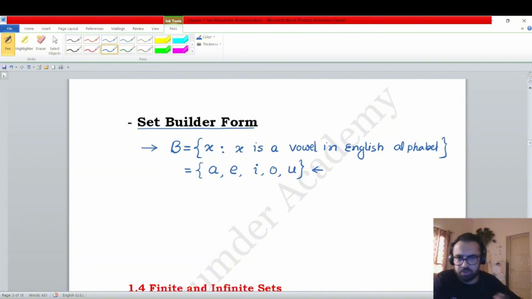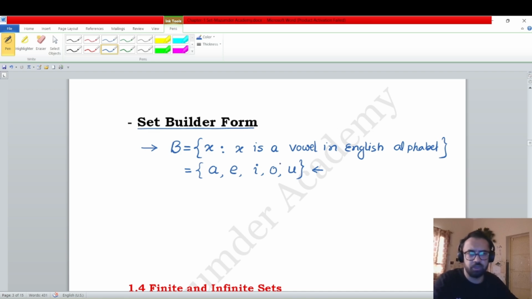Your question in your exercise or exam may give one form and ask you to write the other form. For example, set builder form given, you write its roster notation, or roster notation given, you write its set builder form, vice versa.